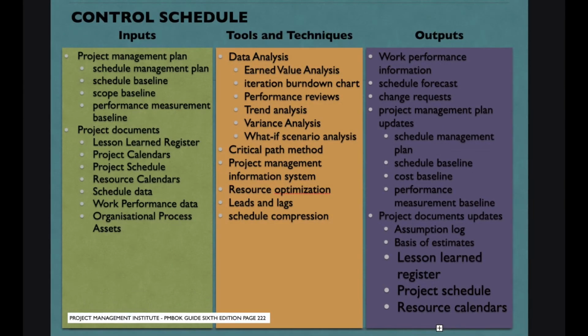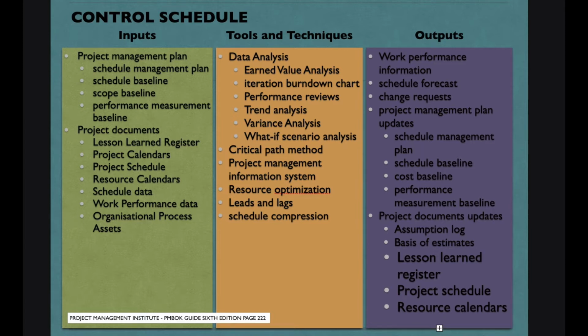Okay, inputs are the project management plan. So we need the schedule management plan, schedule baseline, scope baseline, and performance measurement baseline. Project documents: we need the lessons learned register, project calendars, project schedule, resource calendars, schedule data, work performance data, and organizational process assets.